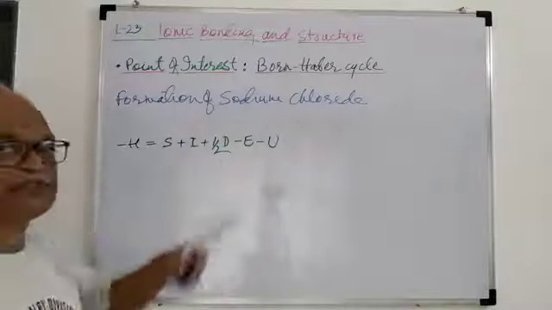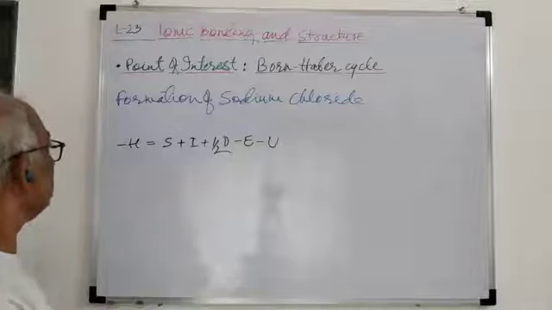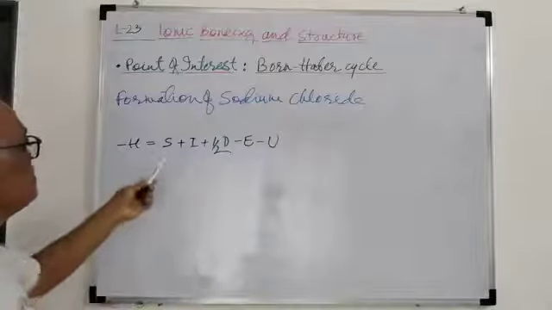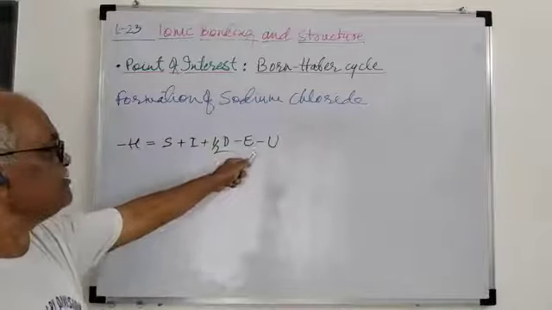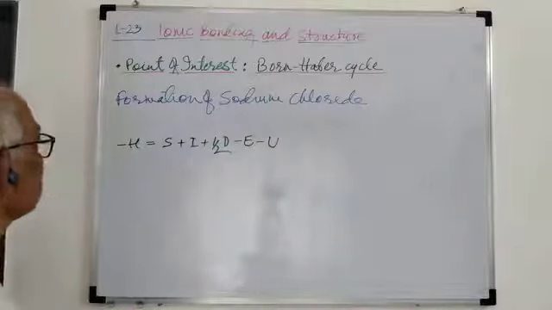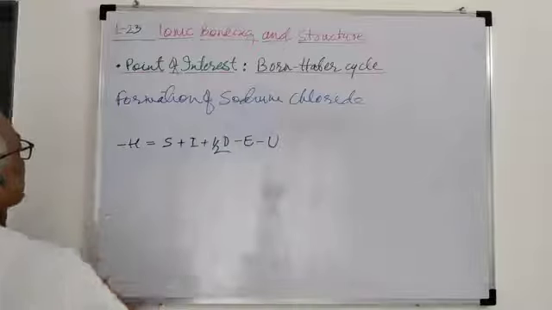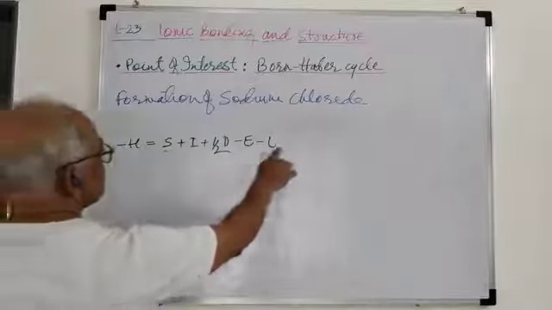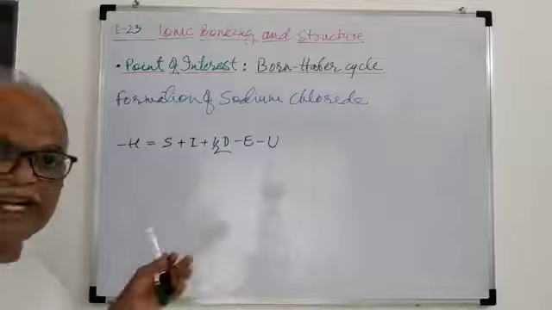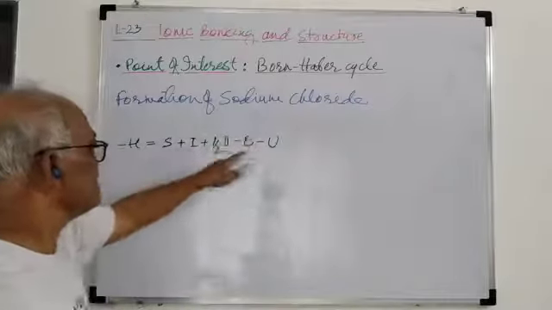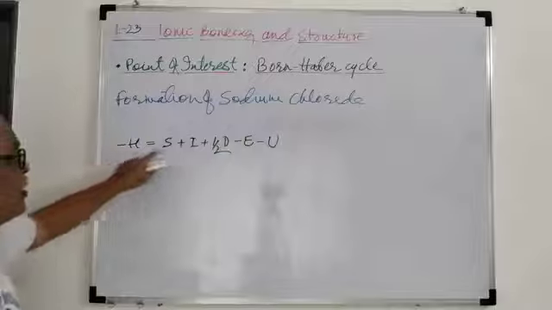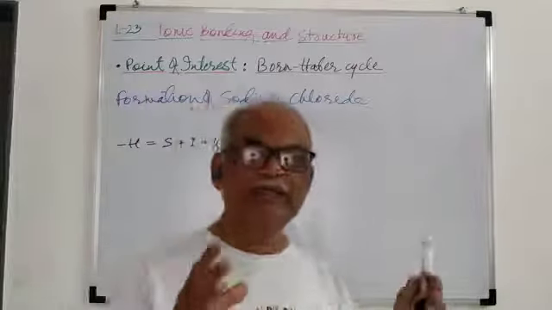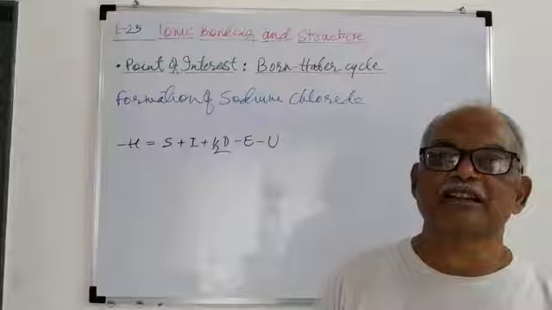So it gives us this equation: minus H is equal to S plus I plus 1/2 D minus E minus U. According to this equation the sum of all these energies is equal to minus H. So this is the ultimate equation which we have generalized here.